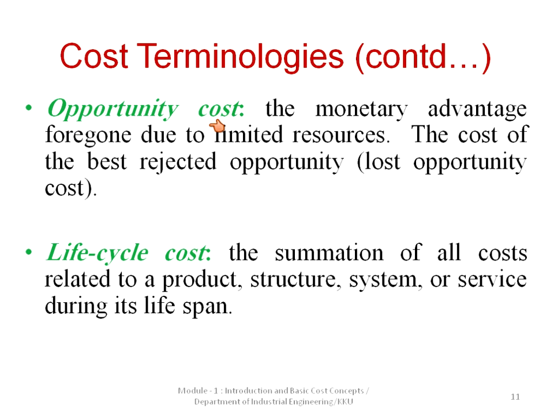Now cost terminologies, again: opportunity cost. This is a monetary advantage forgone due to limited resources. We got an opportunity to produce more products. To produce more products, I need more machines and more facilities, but I don't have them.